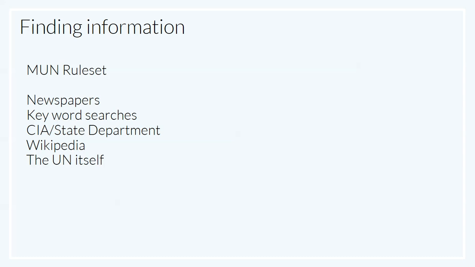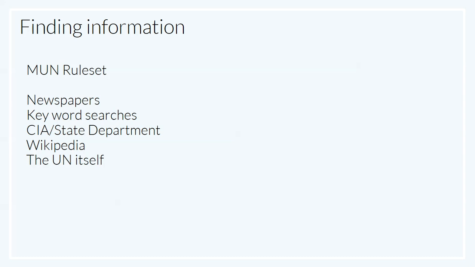Wikipedia, obviously with all the caveats about Wikipedia, and the UN itself has many details about each country and each issue. So although I would strongly recommend looking at the MUN rule set and its long list of different opportunities to find information about your country, those first five elements are often enough to get, particularly for the general research framework, the information you need.